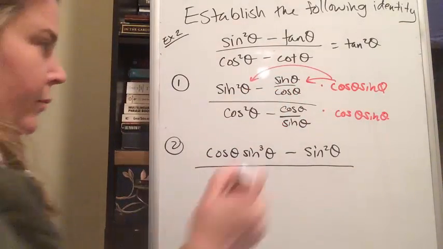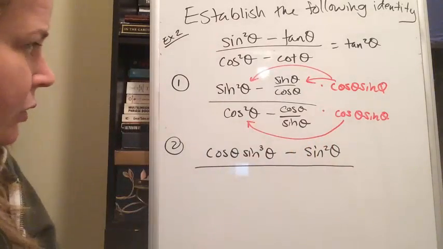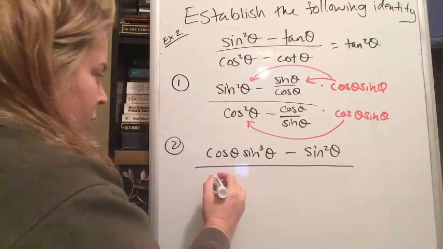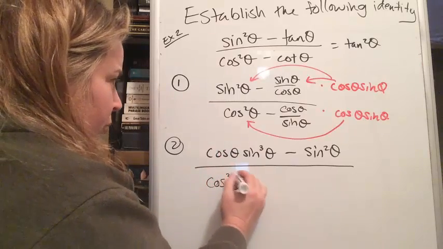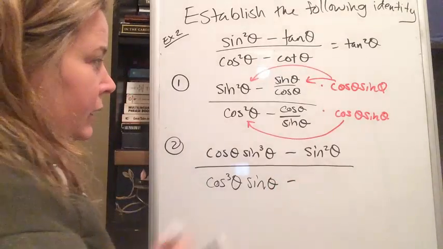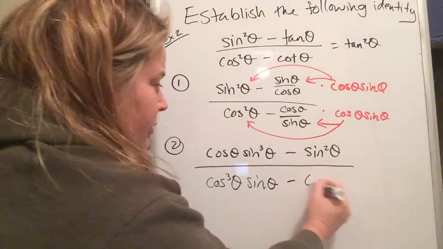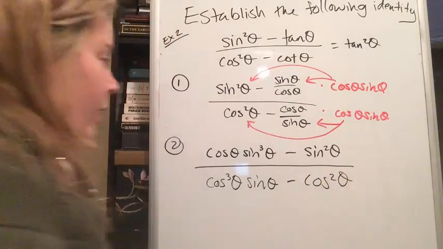What about on this bottom one? Cosine theta sine theta times cosine squared would be cosine cubed sine theta minus, and then what happens here? The sines would drop out, and I have cosine squared. All right.